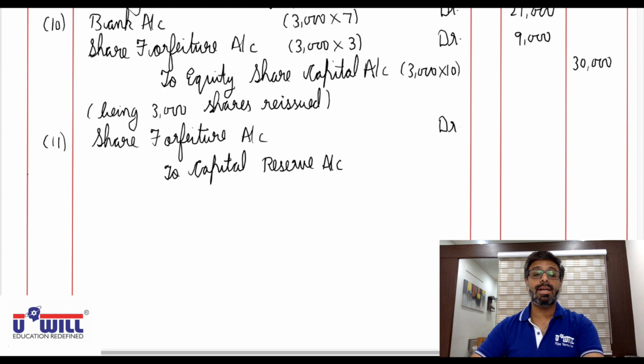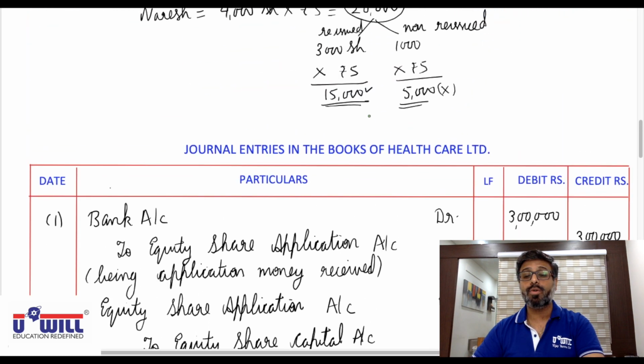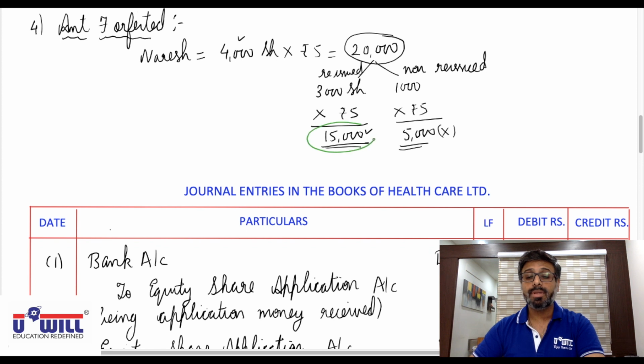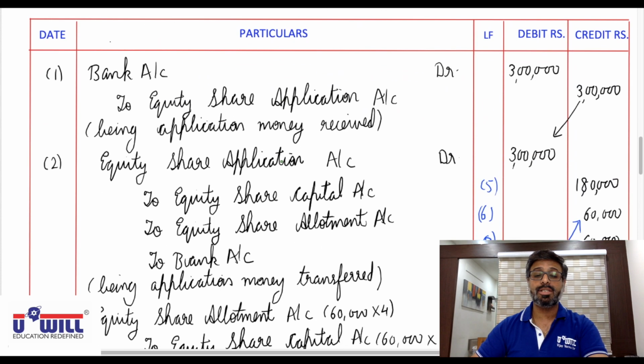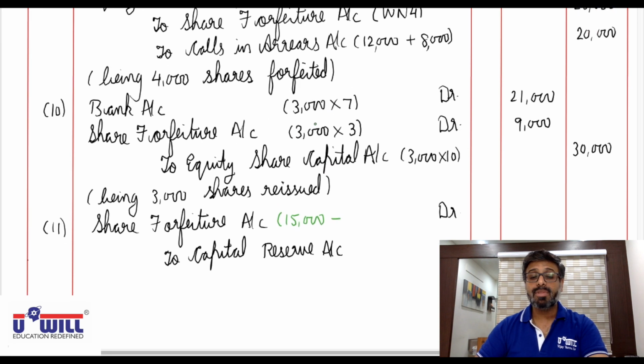Now how do we calculate this? I have told you earlier also, amount forfeited you will get from working note 4, but this amount, how many shares are issued? 3,000. So on this 3,000 shares only we have to find the profit. What is the amount forfeited on this 3,000 shares? 15,000. Minus same 3,000 shares, what is the discount? 9,000.